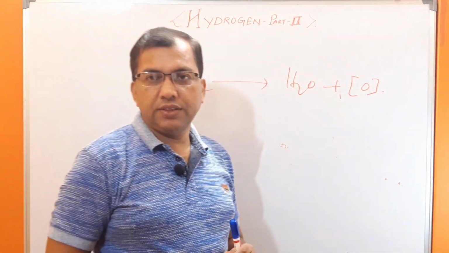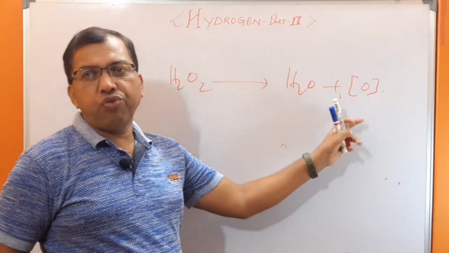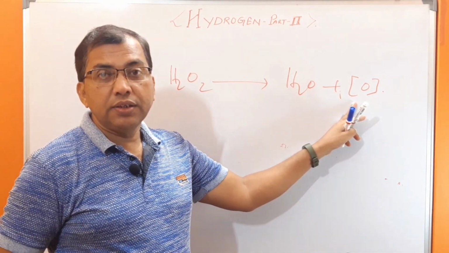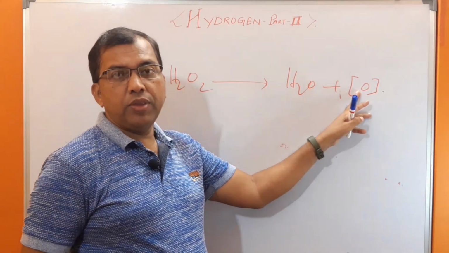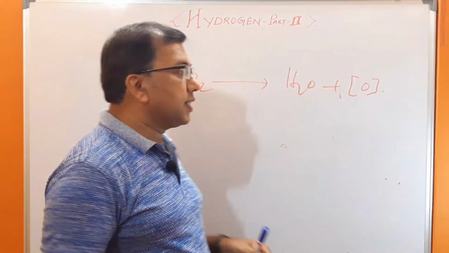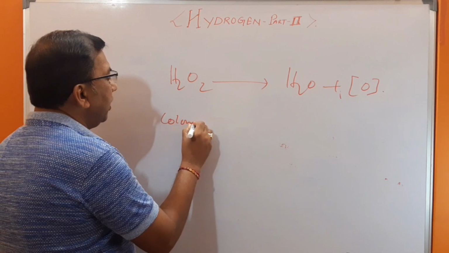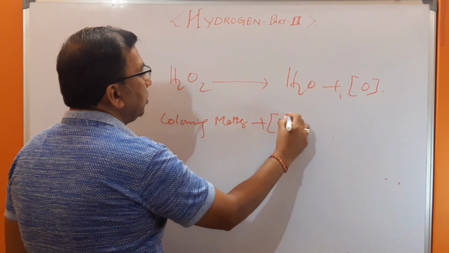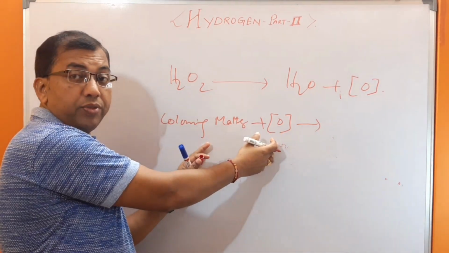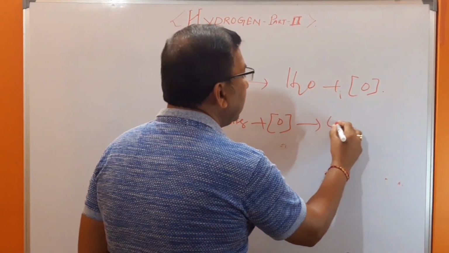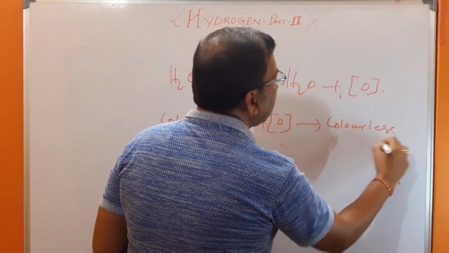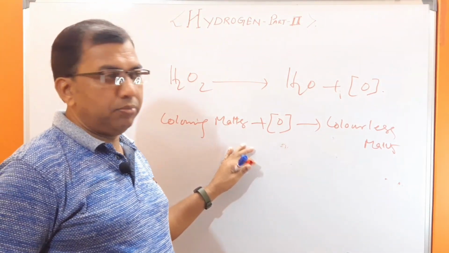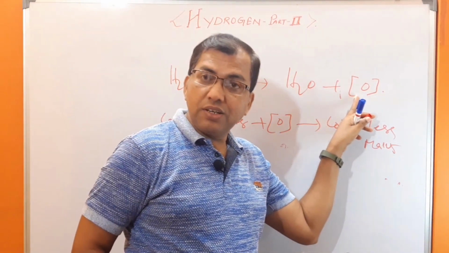This nascent oxygen is the only reason for the bleaching property. What does this nascent oxygen do? Coloring matter plus this nascent oxygen gives colorless matter. So this is the bleaching property of H2O2. The main responsibility is nascent oxygen.